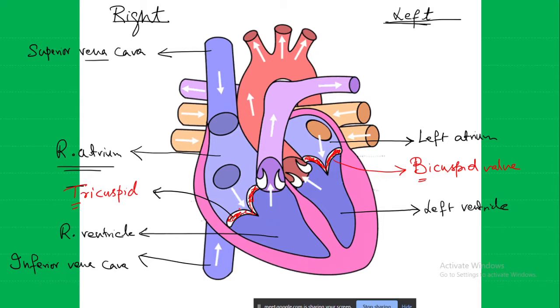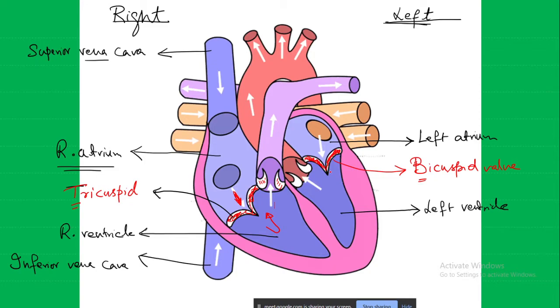Then this deoxygenated blood flowing from the right atrium to the right ventricle has to now enter into this pipe system here. Through what is it entering? This valve, which looks like a half moon shape, and therefore we call it the semilunar valve.